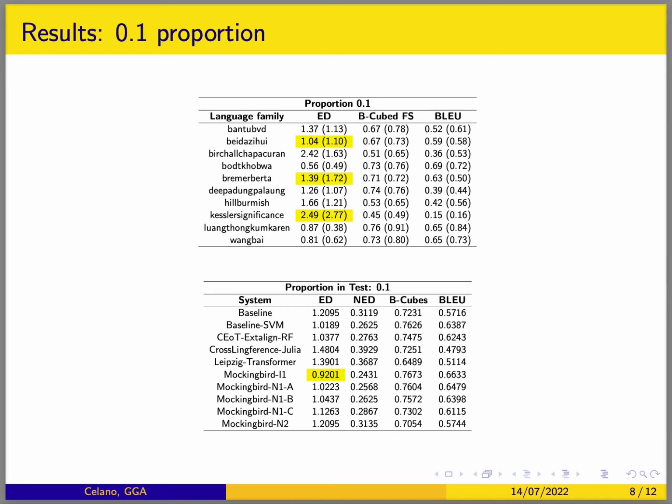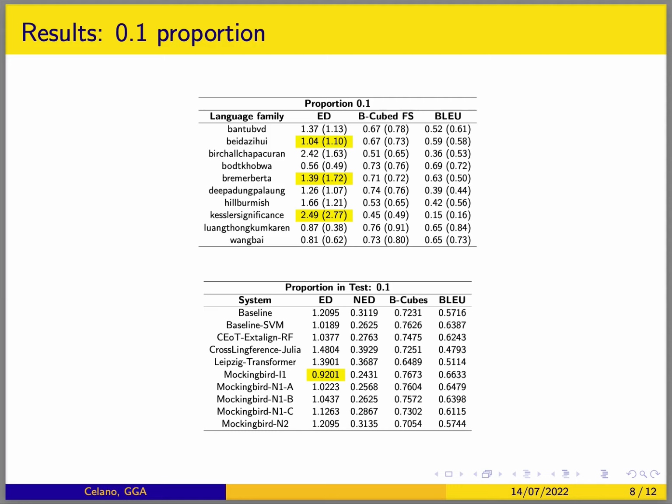The tables show the results for the data with 10% of missing data. All the results can be found in the paper. So here we can see the edit distance, the B-cubed F scores, and the BLEU scores calculated for each language family.